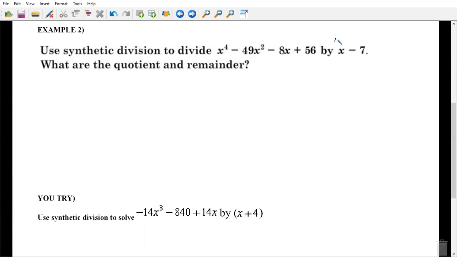So again, step 1, we have our x minus 7. We set it equal to 0. So we know our 0 equals 7. So in our house is 7. Step 2 is list out your coefficients of your dividend. But what do you notice about our dividend?